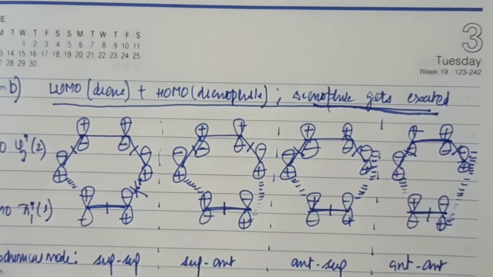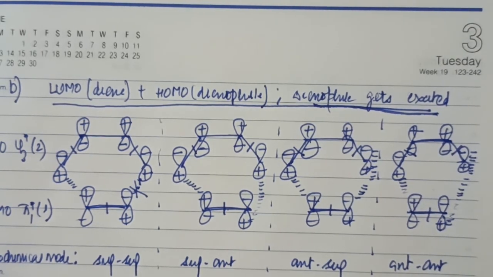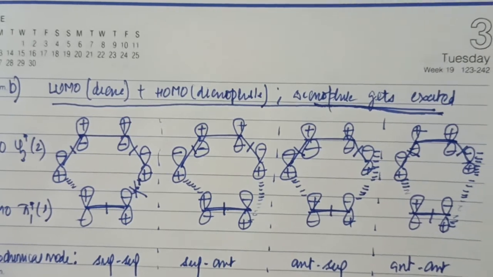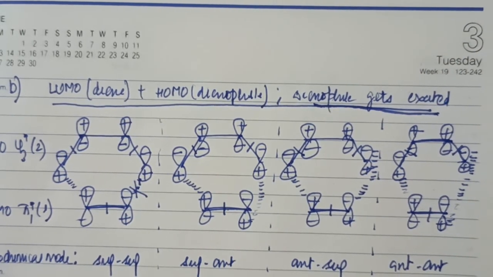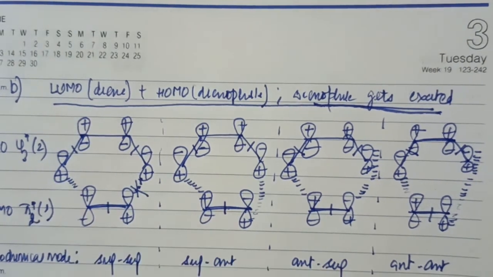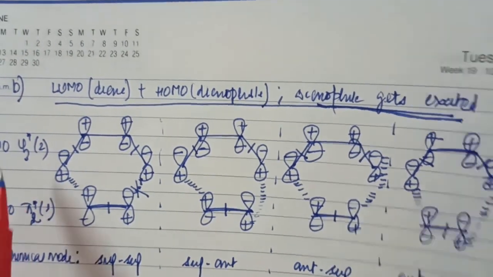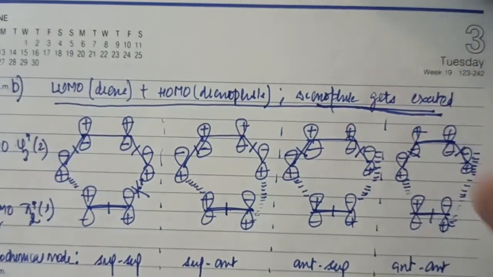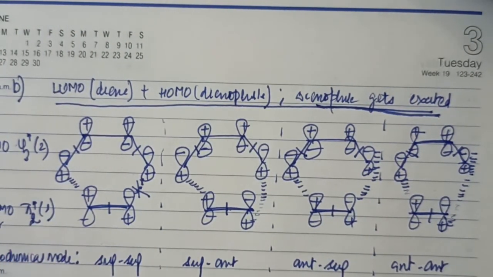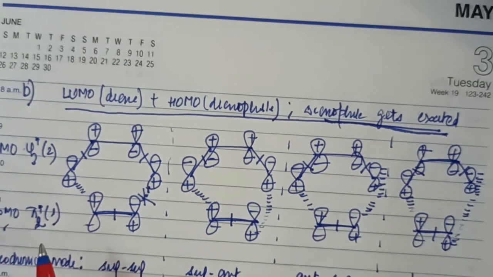Upon irradiation of light, one electron from pi1 would go to pi2 star. Therefore, our new HOMO upon excitation for the dienophile is pi2 star. If I'm taking HOMO for the dienophile, I have to take LUMO for the diene.